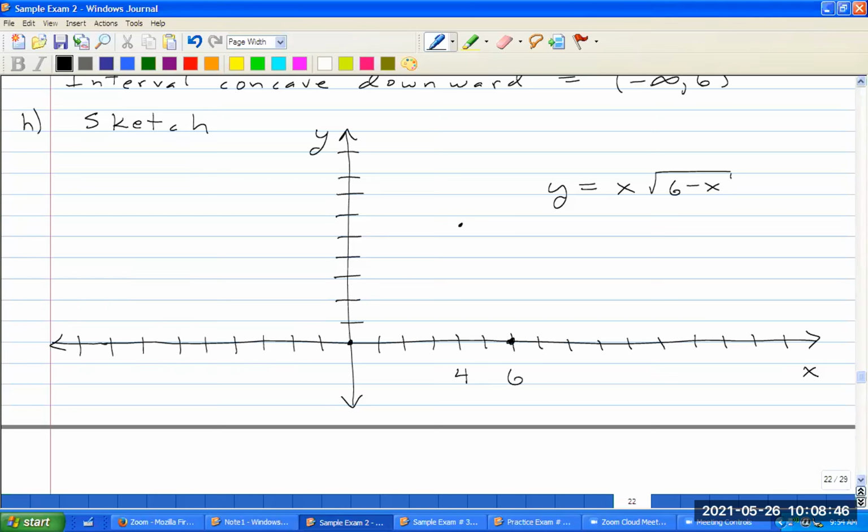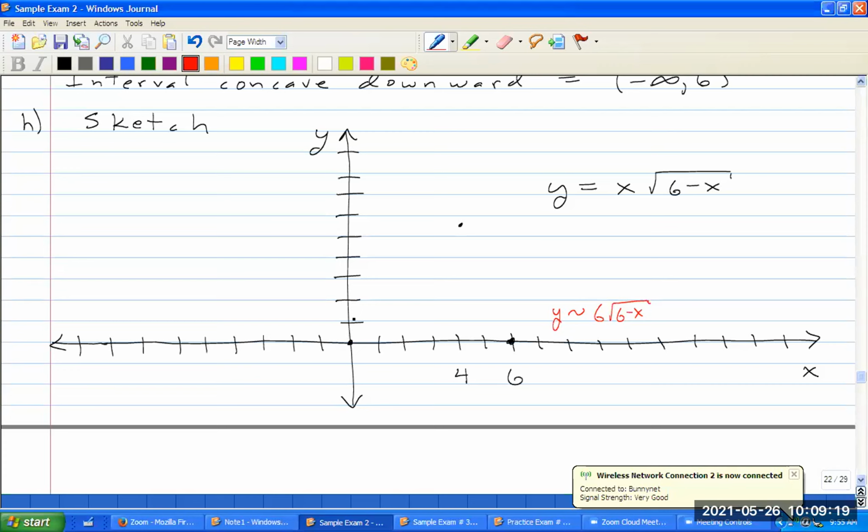Okay, so it's asymptotic to, let's do it this way. So near x equals 6, we had 6 minus x. So it looks like sort of a square root function near here. And it's almost linear here.